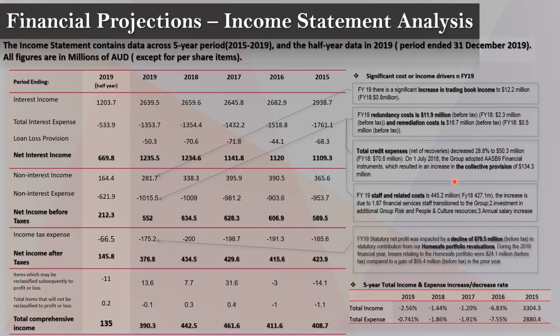So we can make small observations for this page. This page here is the financial projections income statement analysis. We don't need to focus on the contents because here we only discuss the design of the page. So we can see there's a small explanation here.